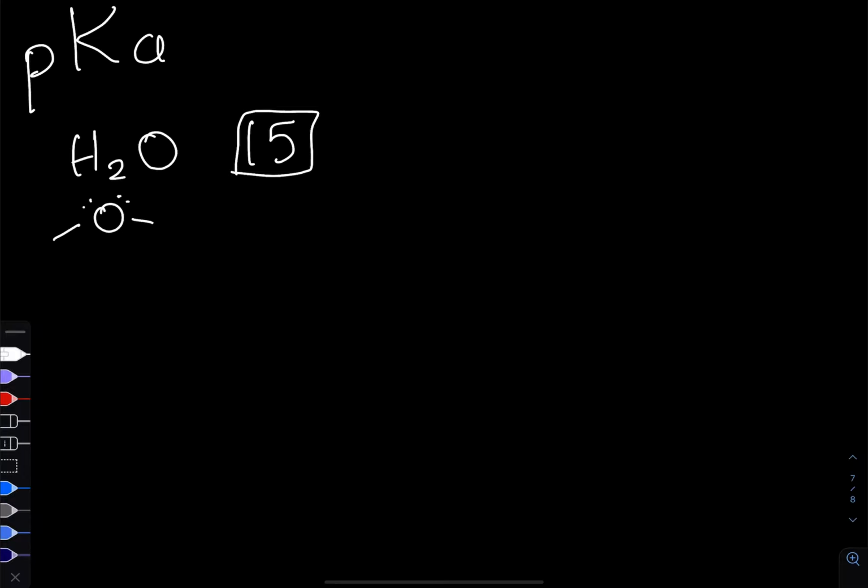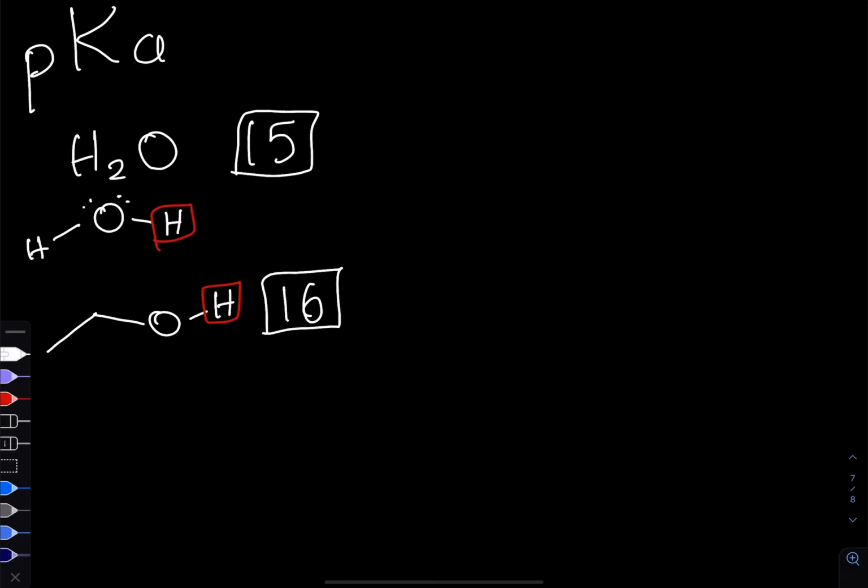So water molecule, water, is going to have a pKa of 15. Water has two hydrogens. Any of these two hydrogens it can give away has a pKa of 15. If we have an alcohol, the proton or the hydrogen on the oxygen is going to have a pKa of 16, so slightly less, a weaker acid than what we had there with the water.